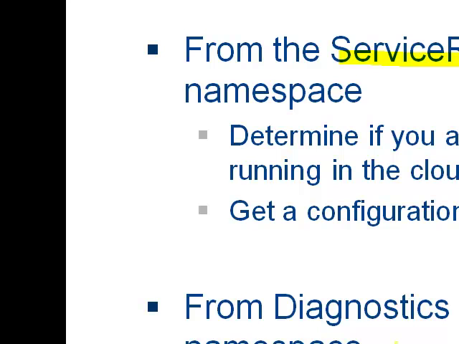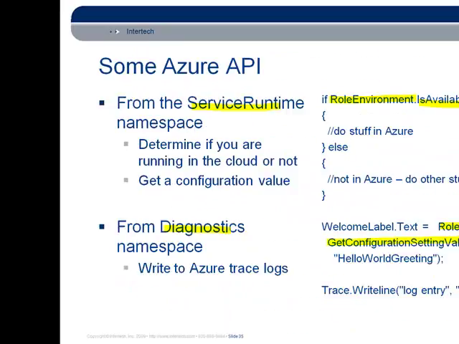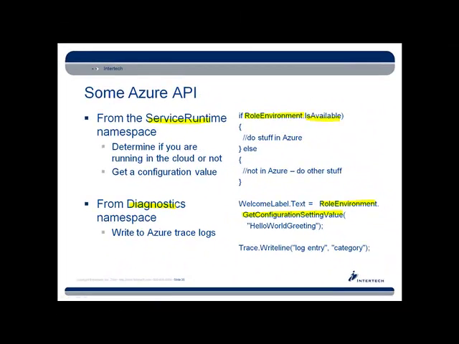What other types of API does Azure offer? Well, there's a diagnostics namespace. Now, if you're used to running things like ASP.NET applications in an IIS environment in your data center, you have access to all sorts of logs and events and traces and things of that nature in that environment. Typically, we'll remote desktop into those boxes and get all that data out. But in the cloud, you don't have direct access to those files. So how do you get information about what's going on in your application?